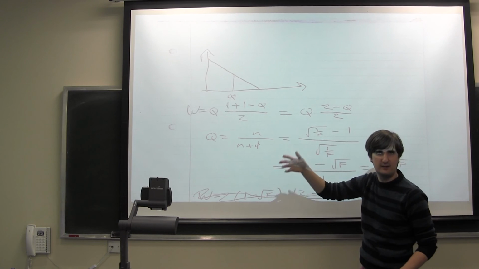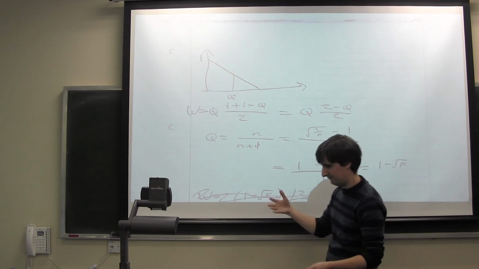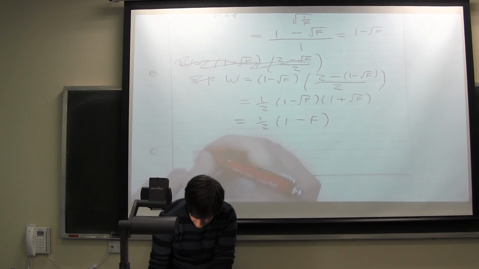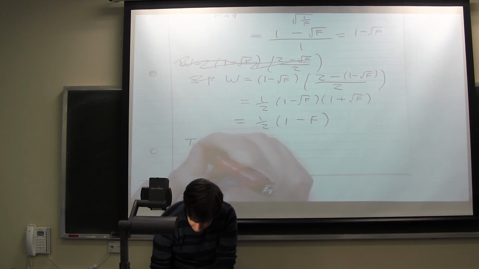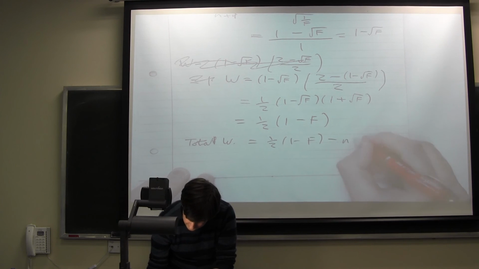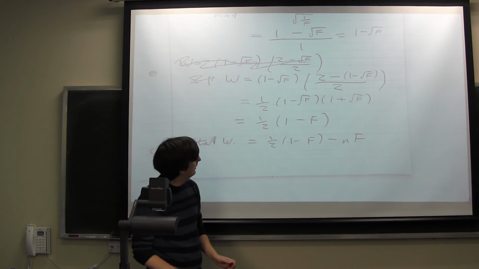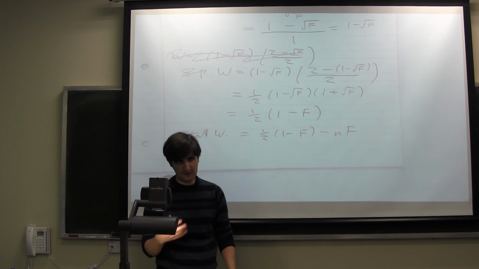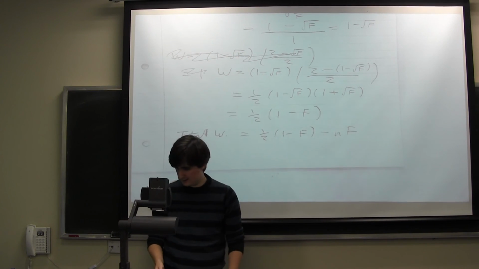But the fixed cost is also a part of welfare. So the total W is half 1 minus f minus n times f. n copies of the fixed cost being paid.